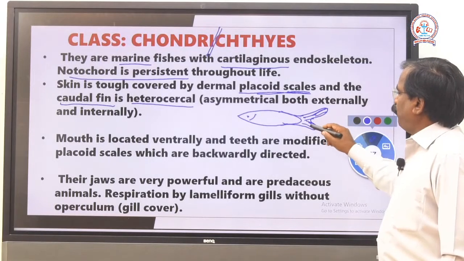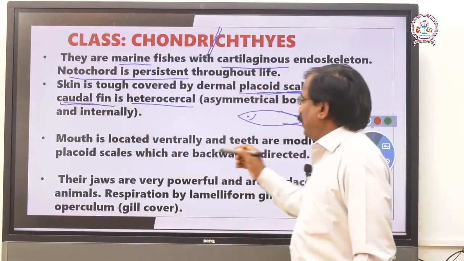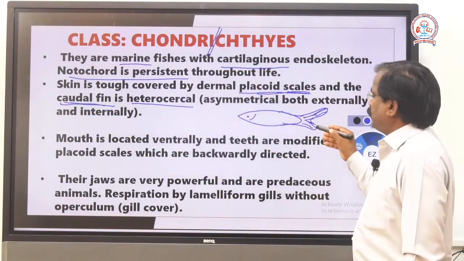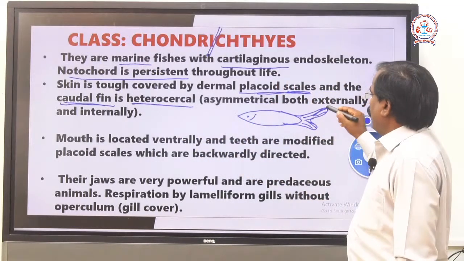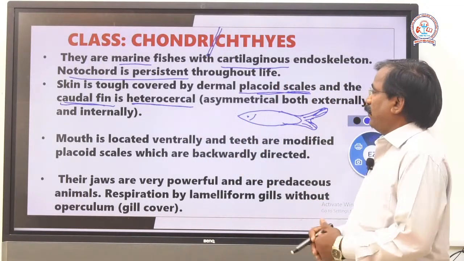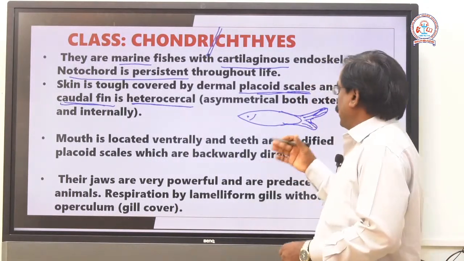This caudal tail fin does not have equal lobes. It is heterocercal, that means one is large and another is small. That condition is called heterocercal.